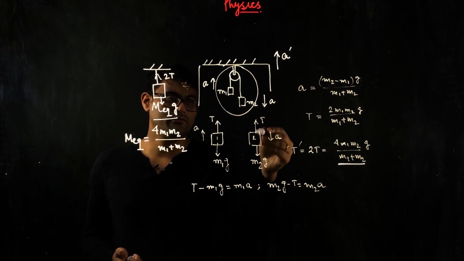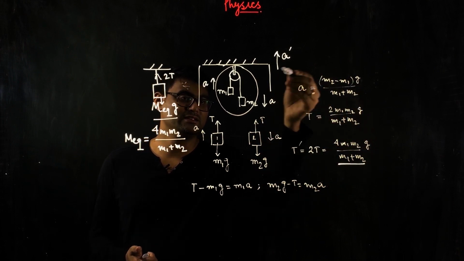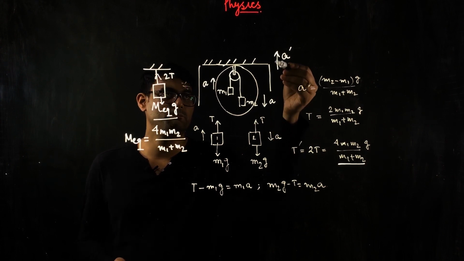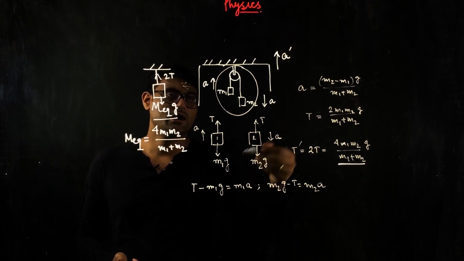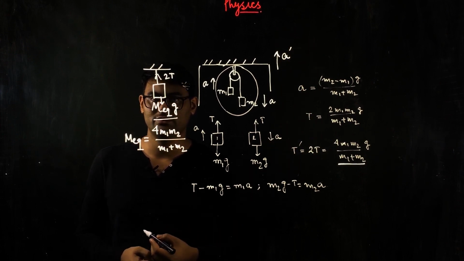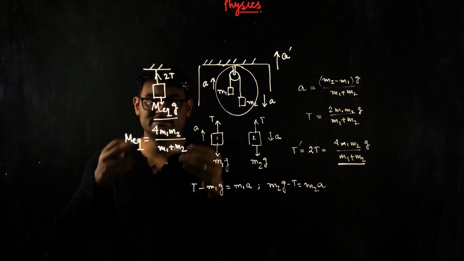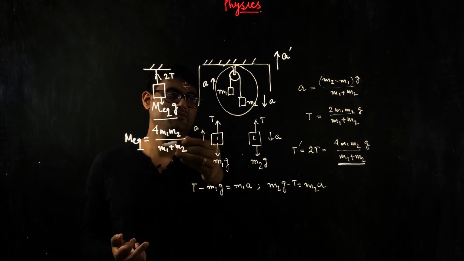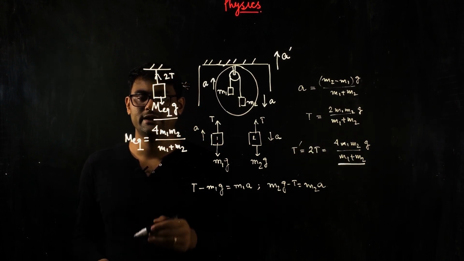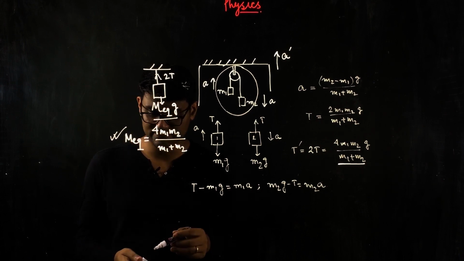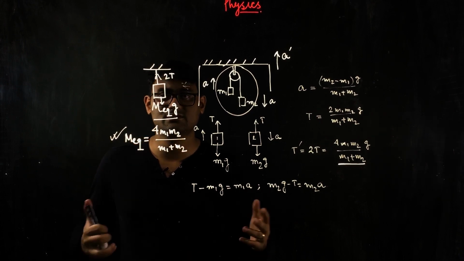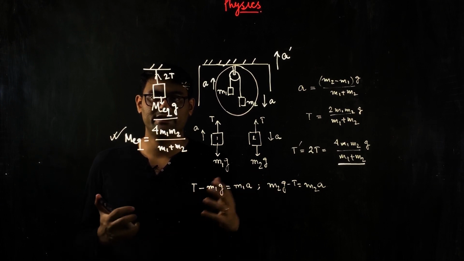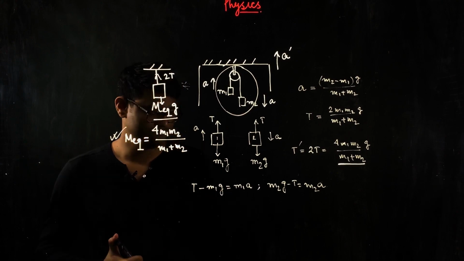Because instead of G in this entire calculation, I will write G equivalent, which will be G plus A prime if it is going upward, or G minus A prime if it is coming downward. But in all these cases, this 2T will also be equal to M equivalent into G effective. So G effective will get cancelled from both sides, and I will get the same mass equivalent value. Now how this mass equivalent concept is going to help me, we will understand by taking one or two examples.